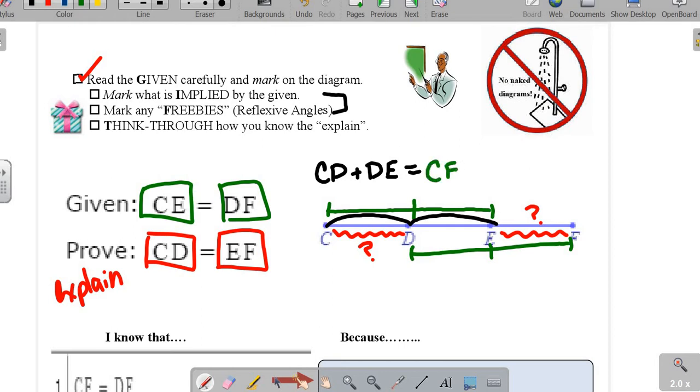That's segment addition. Is that in the given? No. Is that a true statement because of the diagram? Absolutely. That's an example of a freebie. Here would be another one. DE and EF.